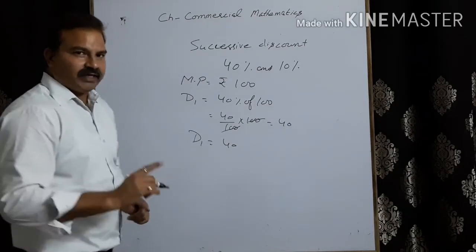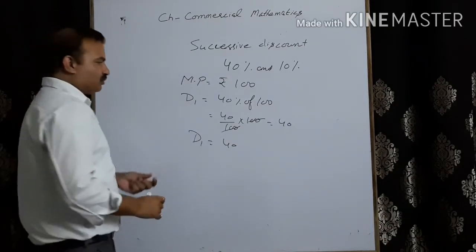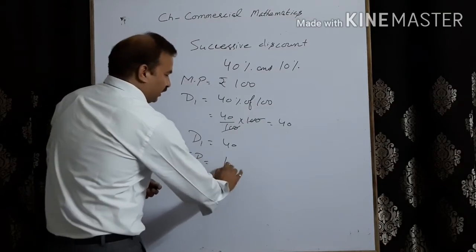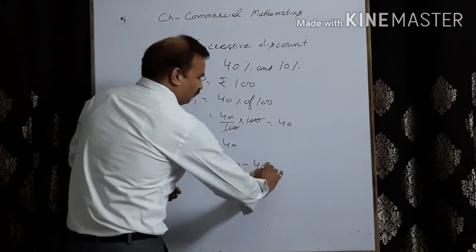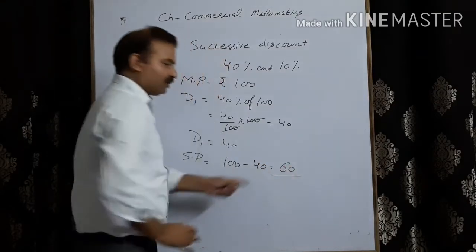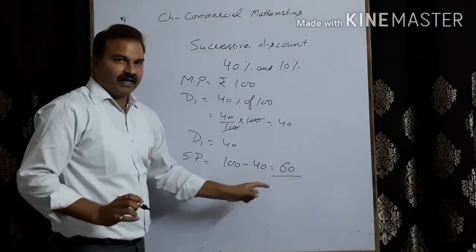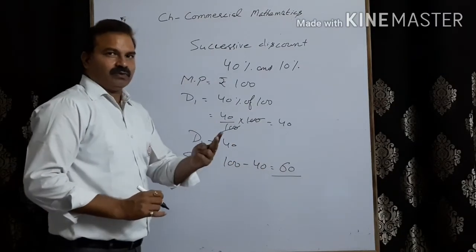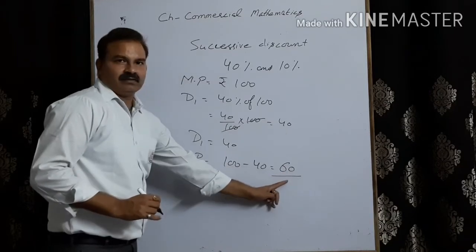Fine. So what is the selling price? Now the selling price is 100 minus 40, that is rupees 60, right? But the person will give a second discount on this.